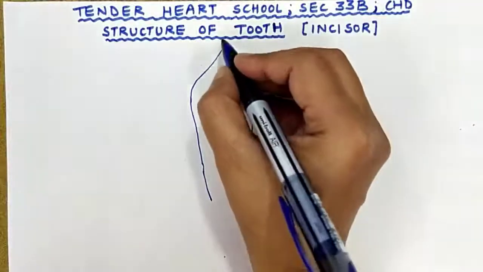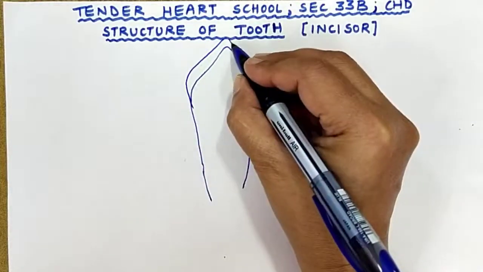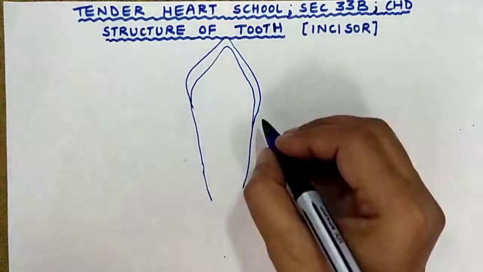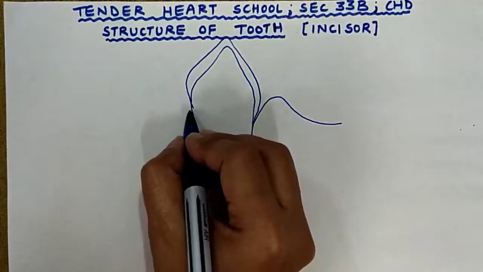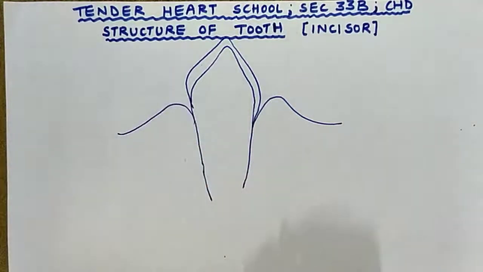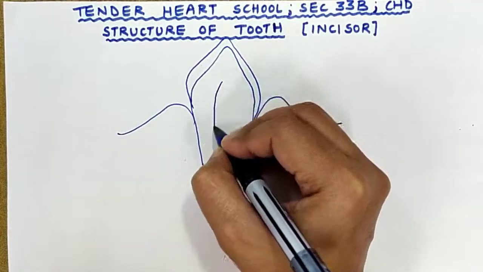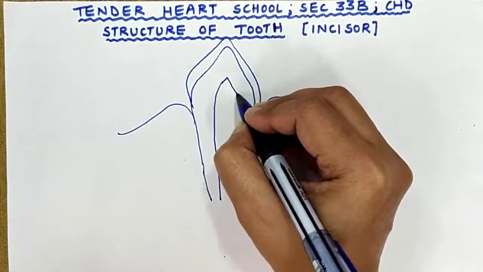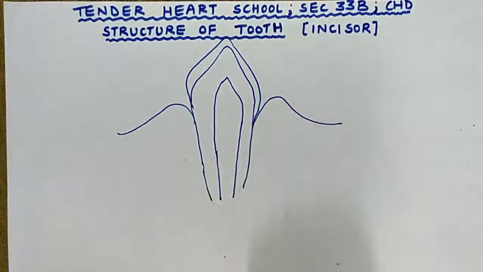Like this. Now just see. Some part of the tooth is above the gum and some part of tooth is below the gum.